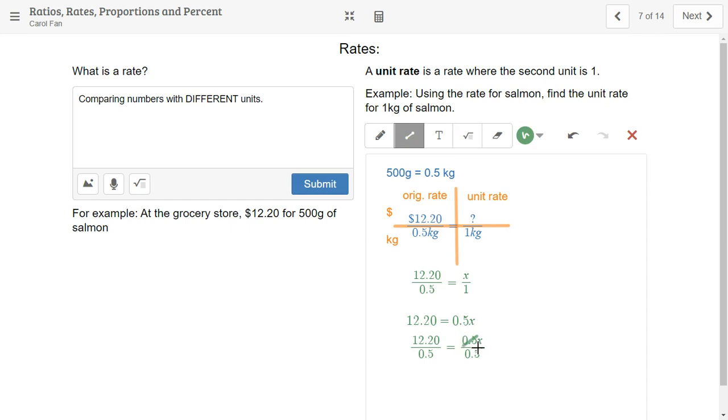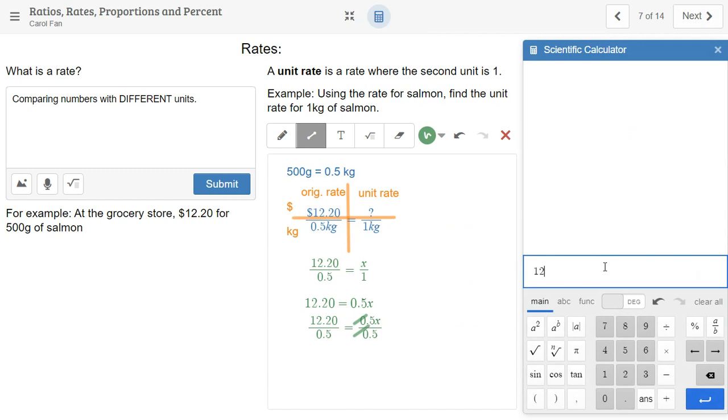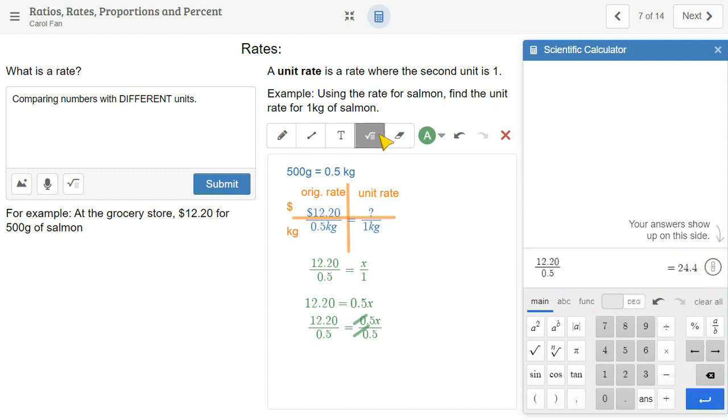These two divide out, the 0.5s. I still have the x on the right hand side. And on the left hand side, let's pull out our calculator to get the amount. So 24.4. Conclusion here, x is equal to 24.4.